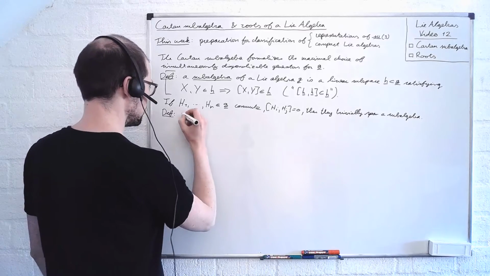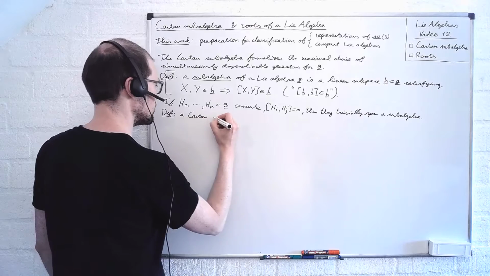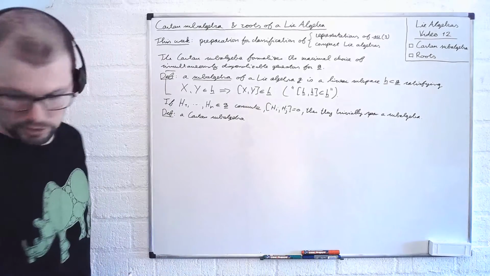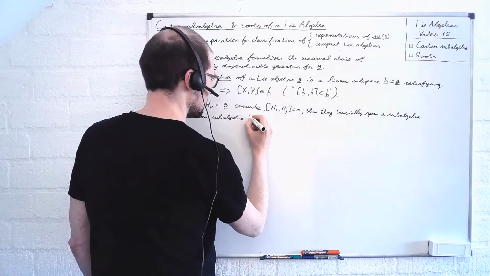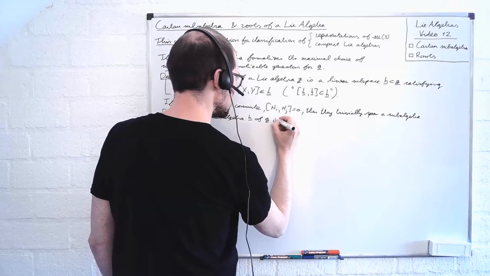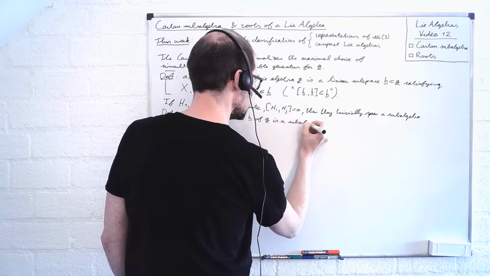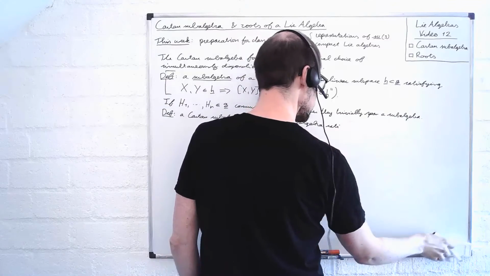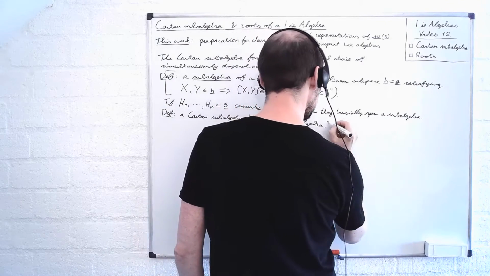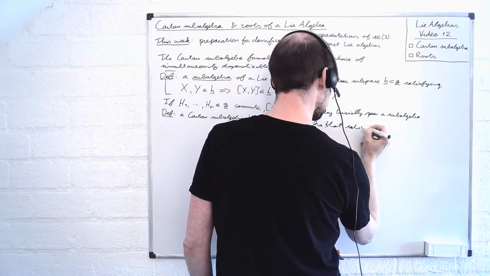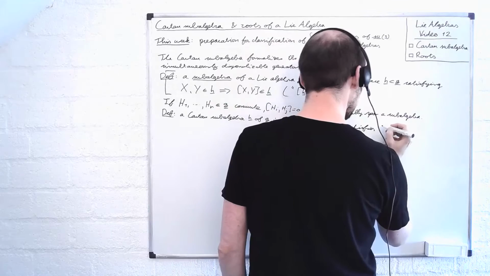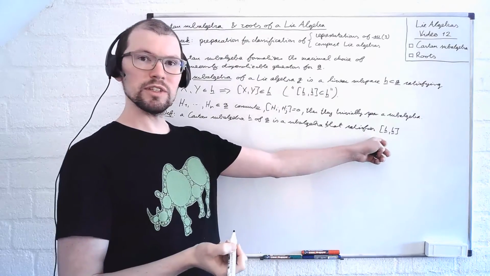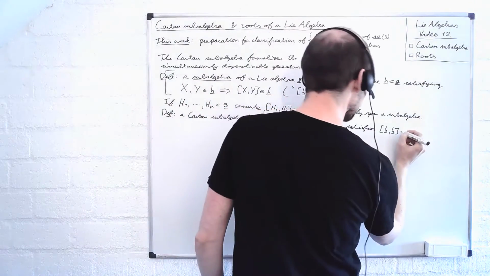So a Cartan subalgebra H of G is a subalgebra that satisfies that if I look at all possible commutators of elements in H, they all vanish.